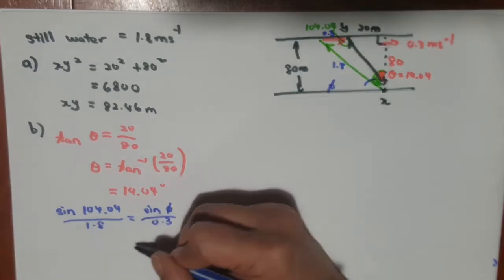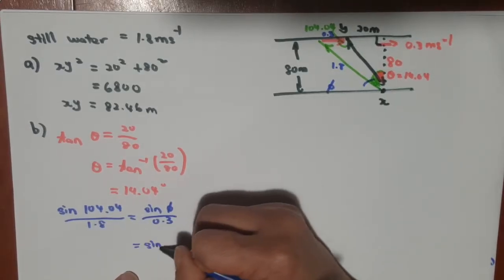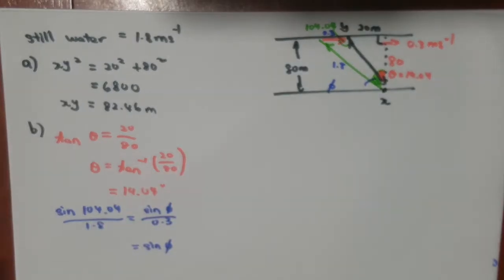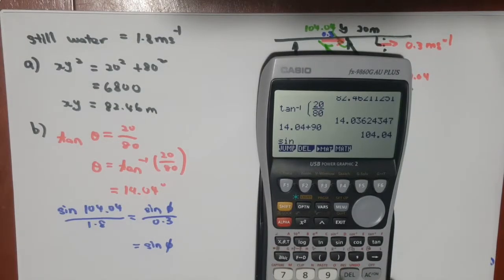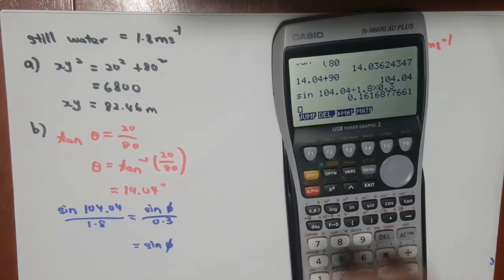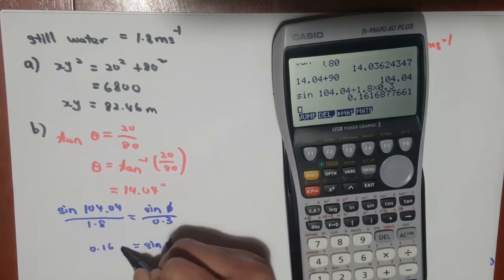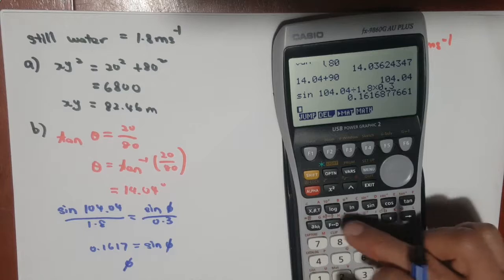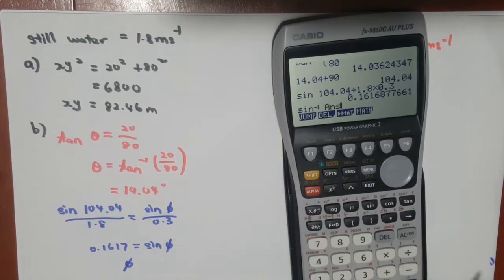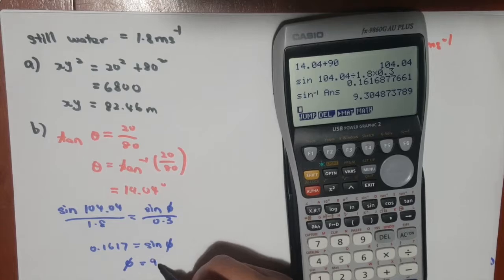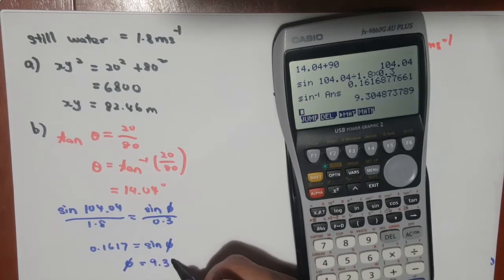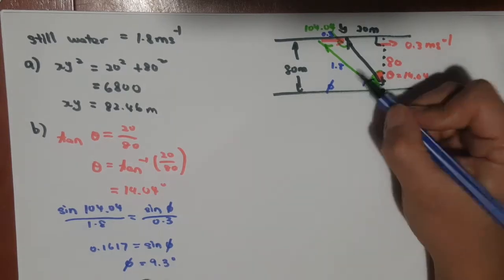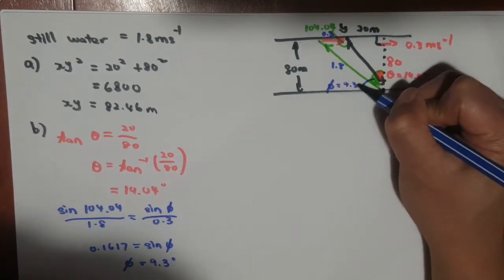In order to get sine phi, we do sine 104.04 divided by 1.8 times 0.3 to get 0.1617. To get phi, we shift sine the answer, and therefore phi is 9.3 degrees.